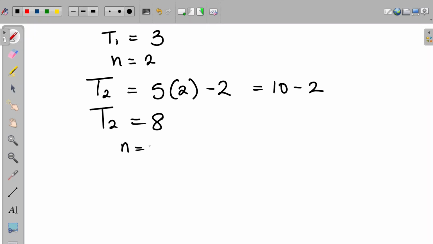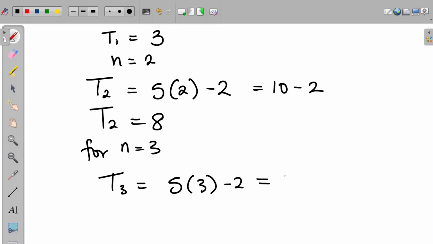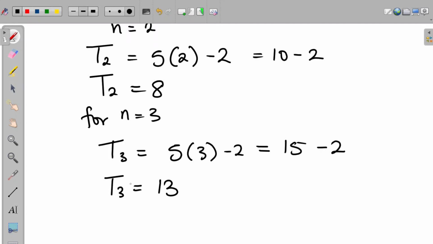If n is equal to 3, we have that t subscript 3 is equal to 5 multiplied by 3 minus 2. 5 times 3 is 15 minus 2. Therefore, the third term of the sequence is equal to 13. So we have obtained that the sequence is 3, 8, and 13.